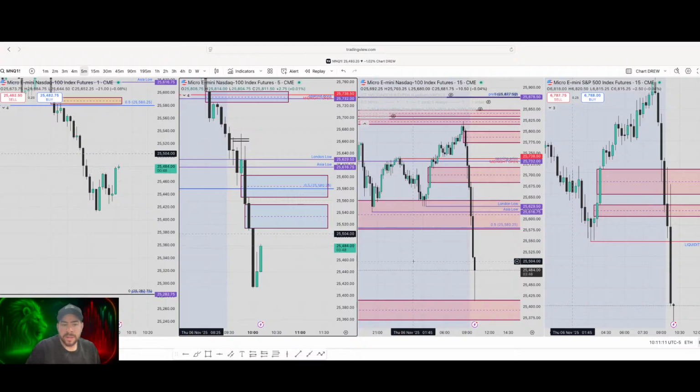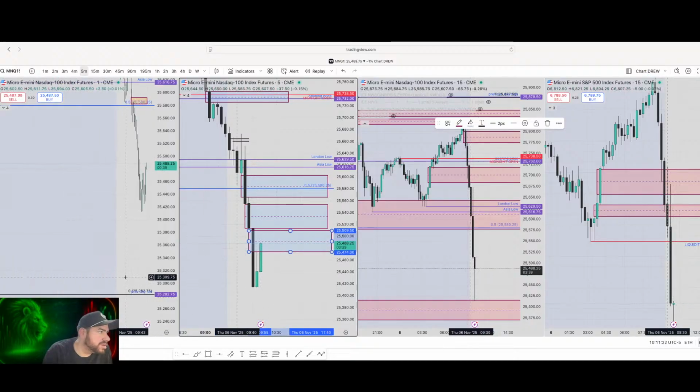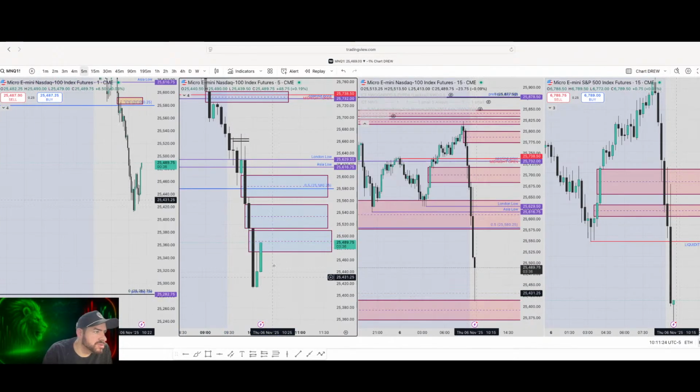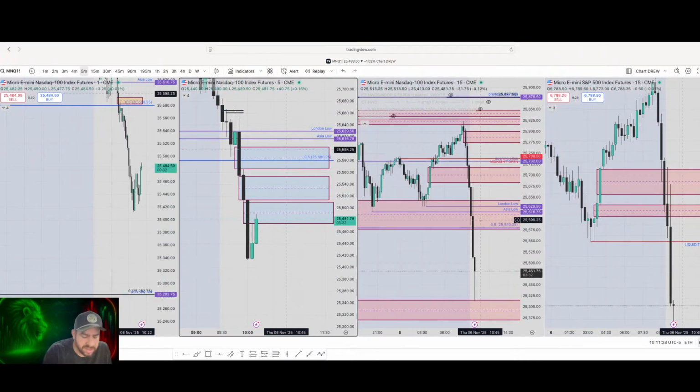Okay, so we're in the 55 minute now. We still haven't taken out this low here, which is the goal. So let's see if we can come back to this 15 minute here.